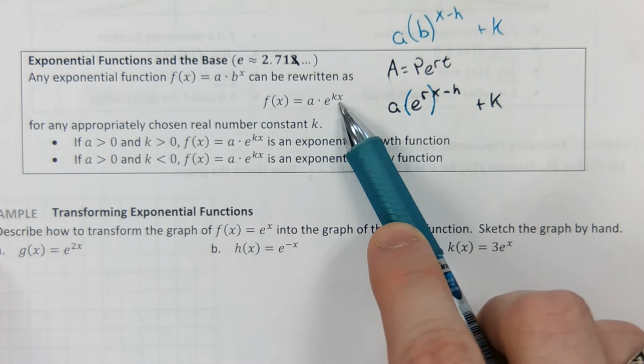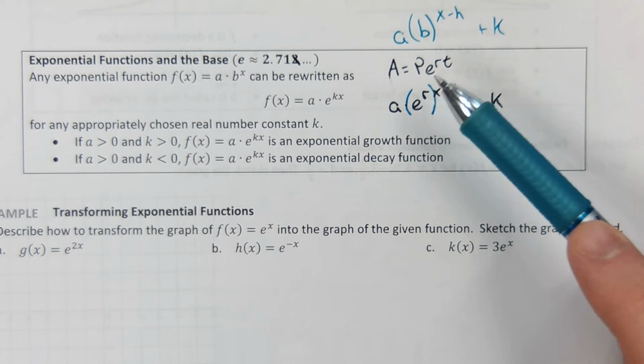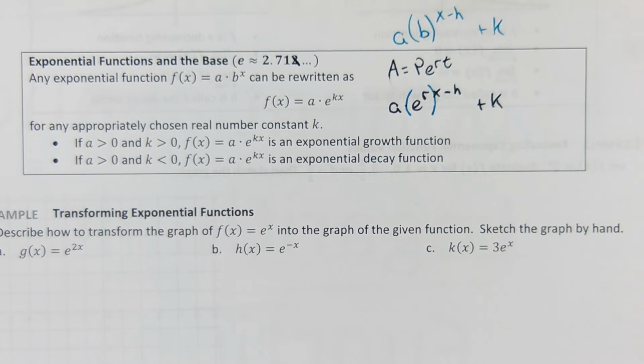If r, or k, whatever you want to call it, is a positive number, you're raising 2 and change to a positive number, your number is going to get larger. So if r, or k, is positive, this is growth.